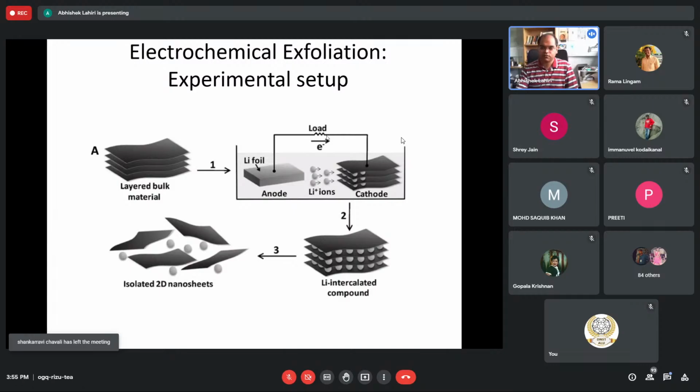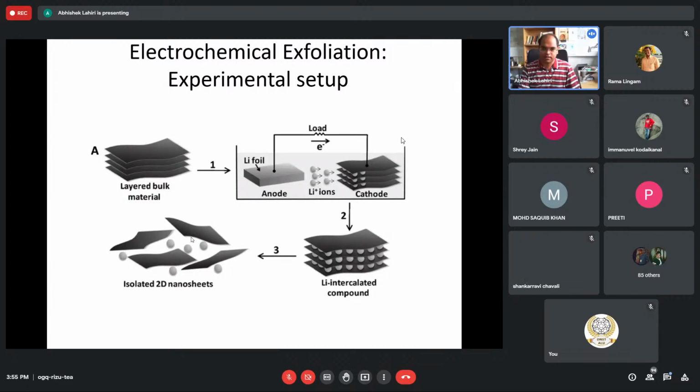When you pass a current, when you apply a potential, lithium ions diffuse into the cathode, produce stress within it, and that leads to exfoliation of this bulk material into 2-dimensional surfaces. So once it gets intercalated, it basically breaks down and separates out the 2-dimensional nanosheets. So that's the simple experimental setup.